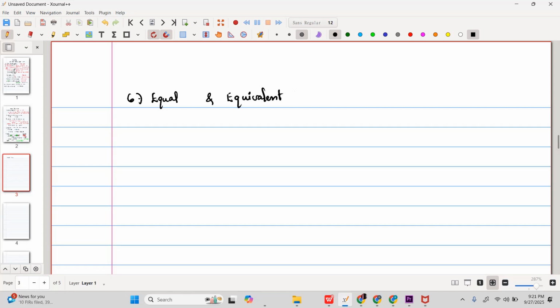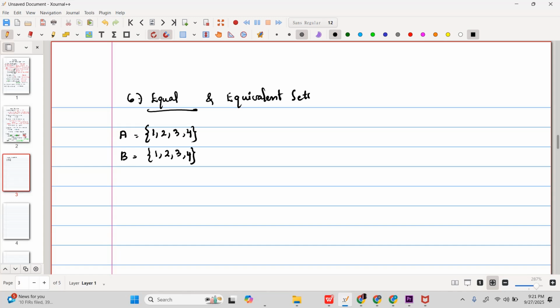Equivalent sets. So what is meant by equal sets? Equal sets means if there is a set A and another set B, if I am taking the set A as 1, 2, 3, 4 and B is itself 1, 2, 3, 4, then the elements in A and B are the same and the number of elements is also the same.